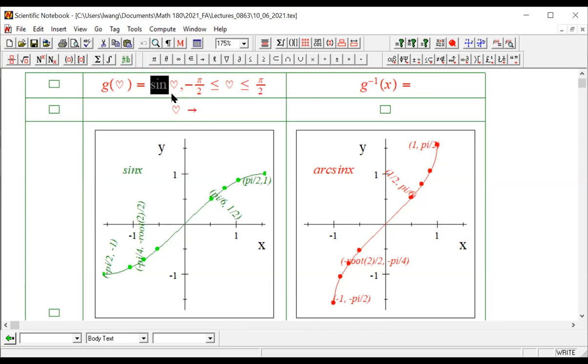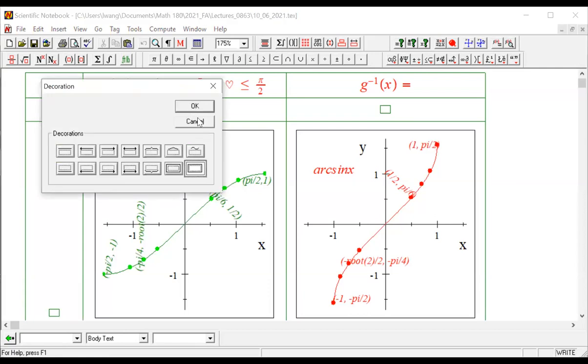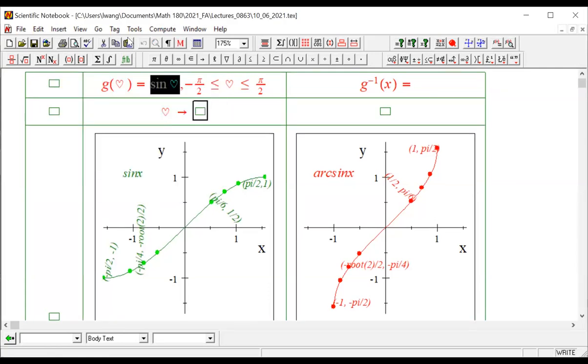Whatever number you give it, it will be treated as radians. Well, sometimes degrees are fine, but it's just angles. It's just a measurement of angles. It could be radians, it could be degrees. So it's just a symbol, okay? So the heart goes into the sine function.